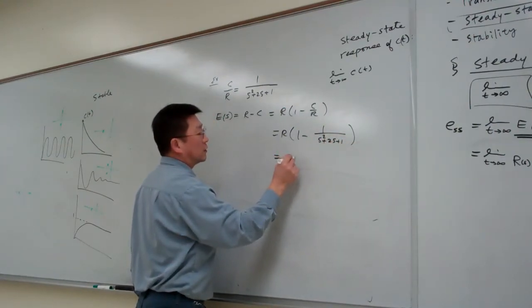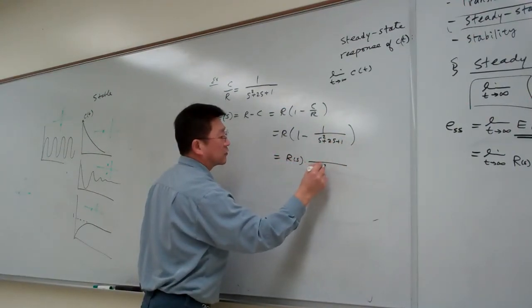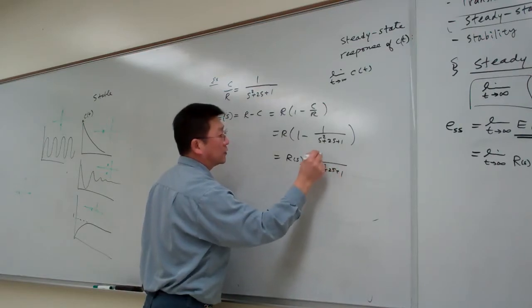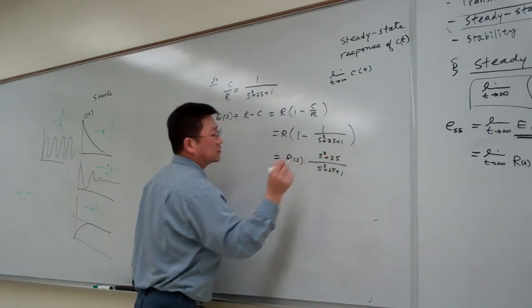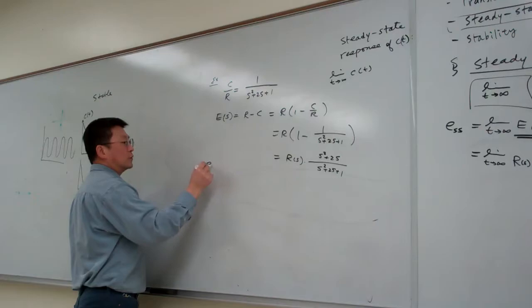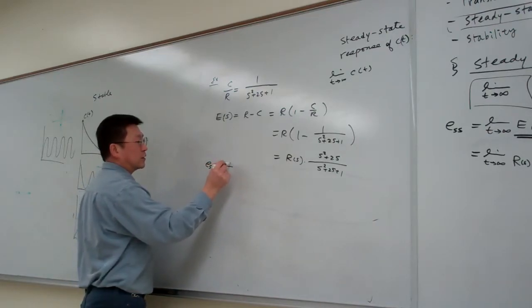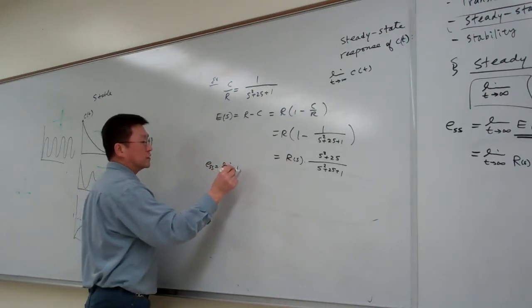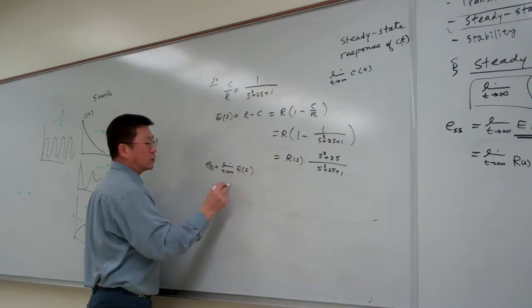That is R of S times S squared plus 2S over S squared plus 2S plus 1. Here we want to determine the steady state error, so that is the limit at infinity of E. We plug in here.